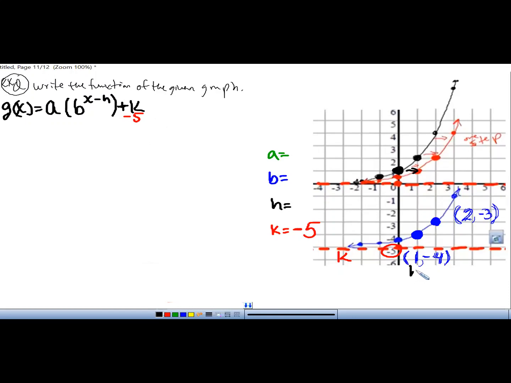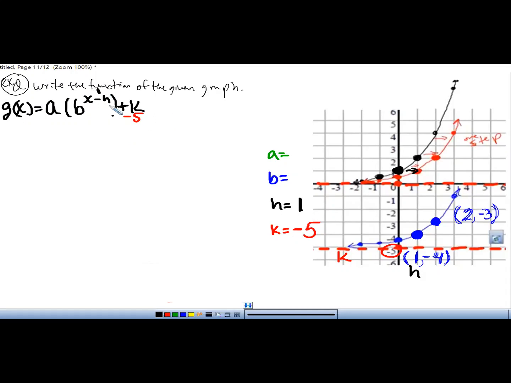That means this is our h. And if I was to label this one, this will be our k, but I can't label it k because we already have k, which is our asymptote. However, this is our h. So I'm going to label 1 for h. And let me label that up here. This is 1. I'm going to put right above that right here, 1.